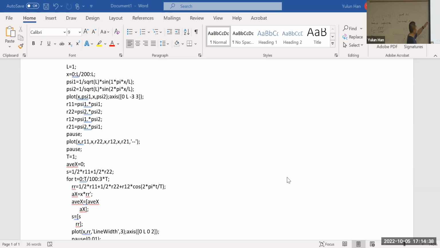Does anyone know the meaning of this one? Well, that would be like the change in energy from... Yeah. So it would be... I don't know.